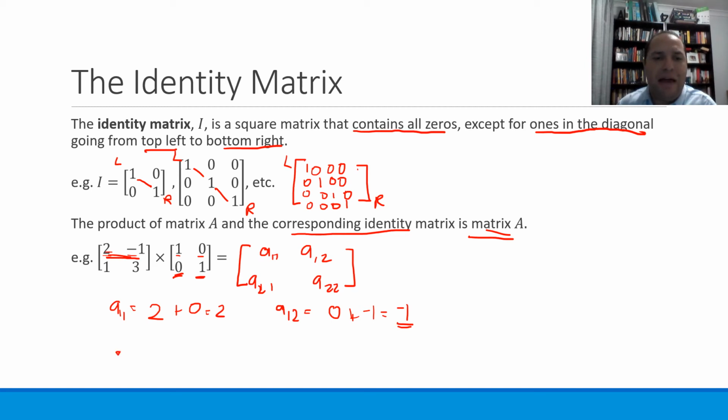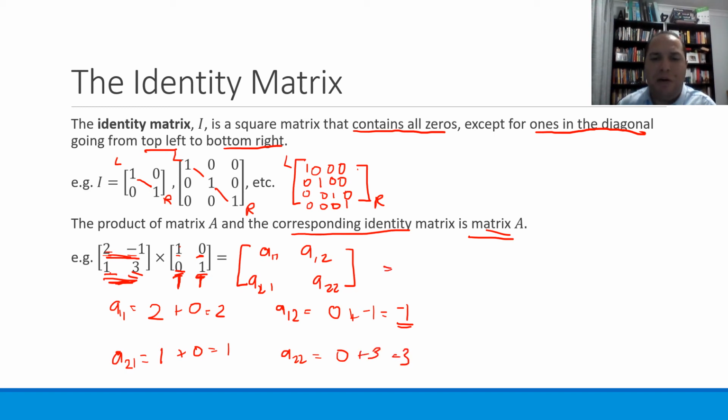Next up, A21, so now our second row, back to our first column: 1 times 1 gives us 1, plus 3 times 0, that's just 0, which equals 1. And then A22, second row times our second column: 1 times 0 gives us 0, and 3 times positive 1 gives us positive 3.